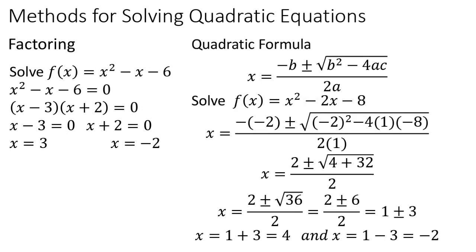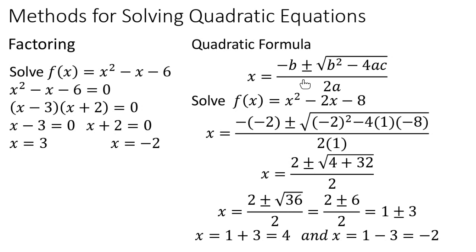Okay. Now, talking about the quadratic formula. Again, the quadratic formula is a beautiful formula that always works. It'll always give you those x-intercepts. But as you can see, it's a messy formula, and you have to be very careful when plugging it into your calculator.